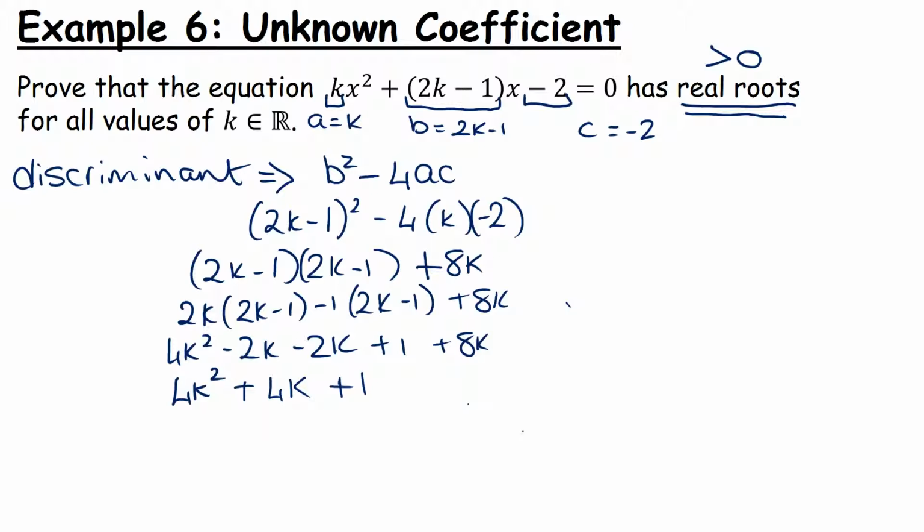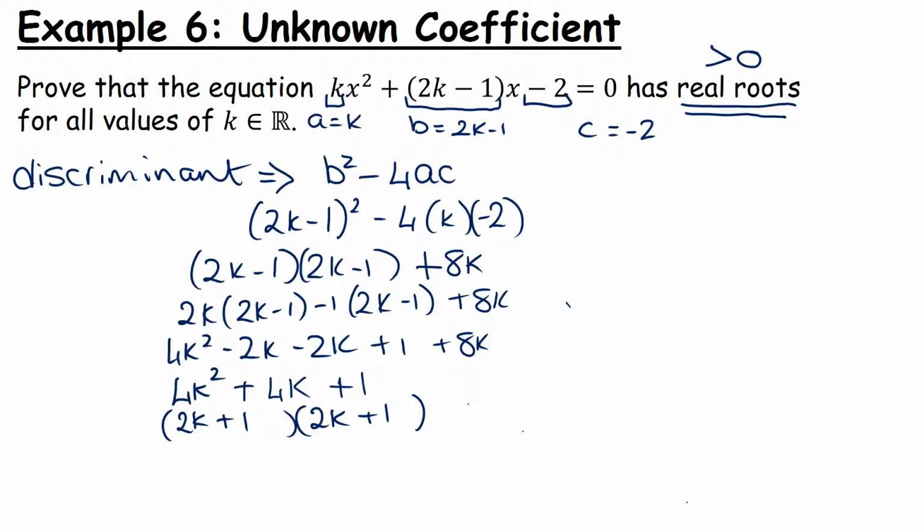So we wanted to show that it was positive. Looking at it here, well, you might say, well, it depends on what the value of k is. Now, you should be able to recognize that this quadratic trinomial here, if we factorize it, will give you 2k plus 1 and 2k plus 1 again.